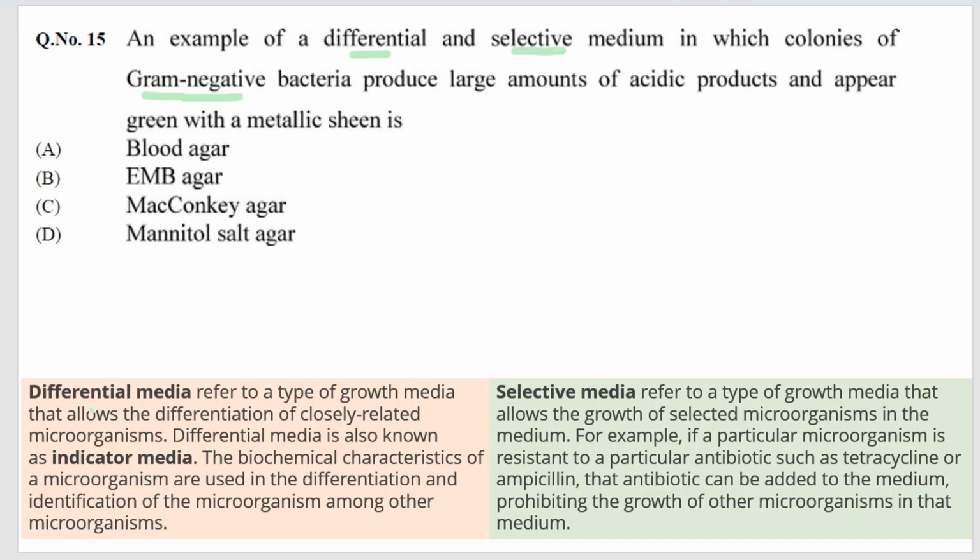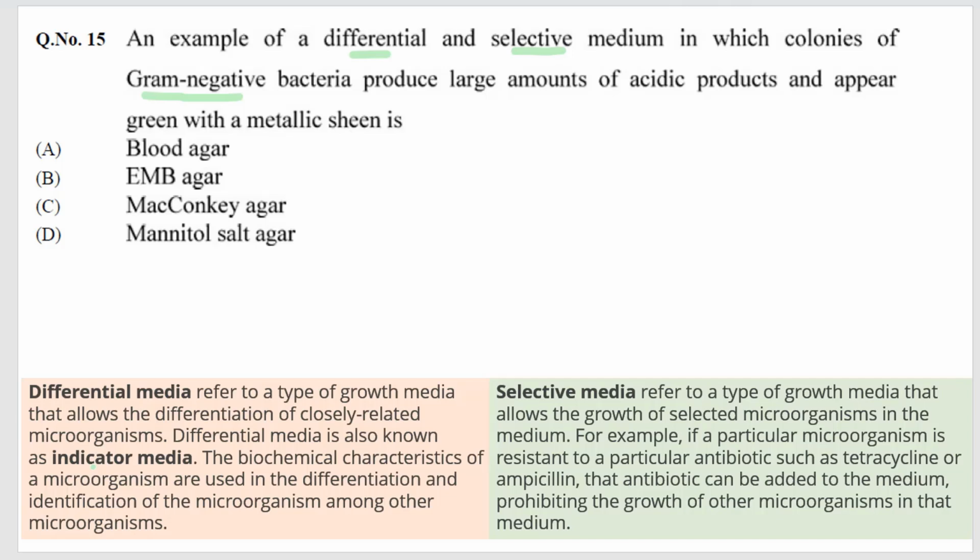Differential media refer to the type of growth media that allows differentiation of closely related microorganisms. It will allow the growth of some kinds of microorganisms and not others.